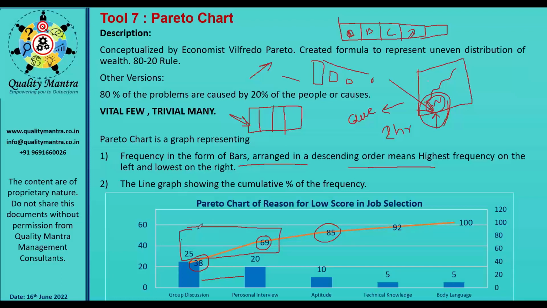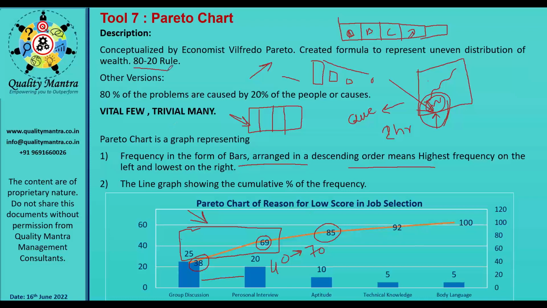Or this 2 is contributing around 70%, you can focus on this. So actually of these 5 categories, only 2 categories, meaning 40% of the categories, are giving a result of 70%.